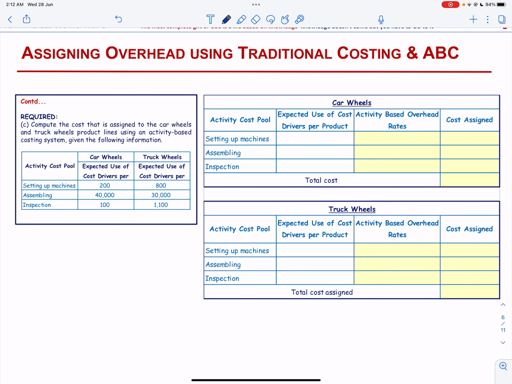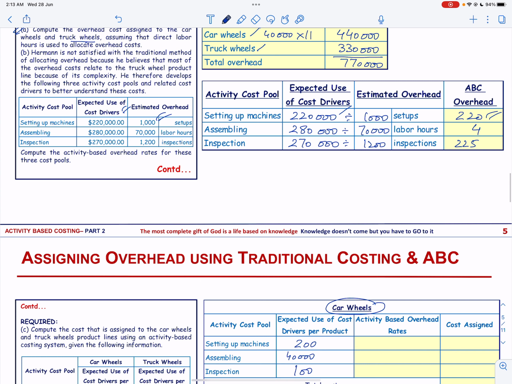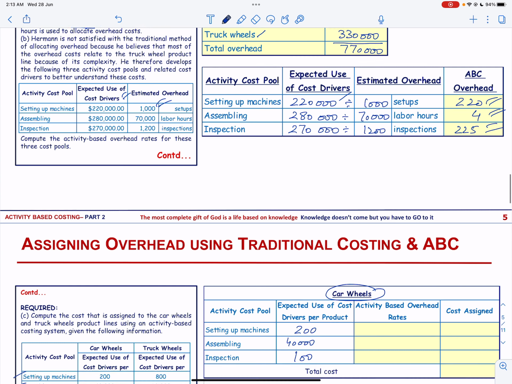Now we determine the cost assigned to car wheels. And again, we have the same activity cost pools: setting up machines, assembling, and inspection. And for car wheels, the expected use of cost drivers are 200, 40,000, and 100. And we have already determined the rates as 220, 4, and 225.